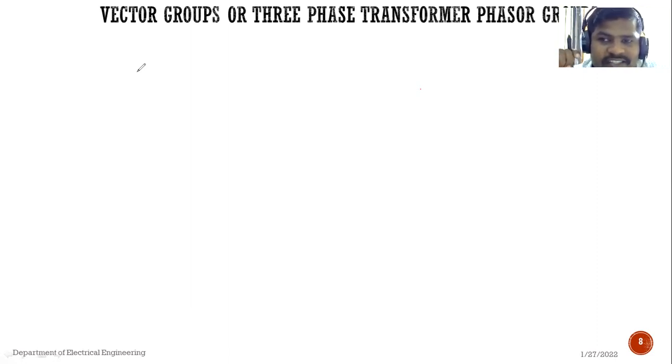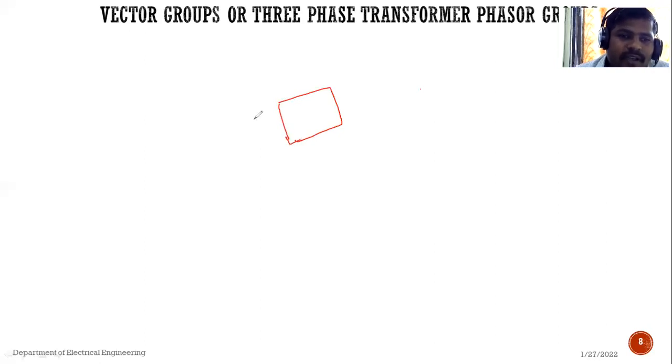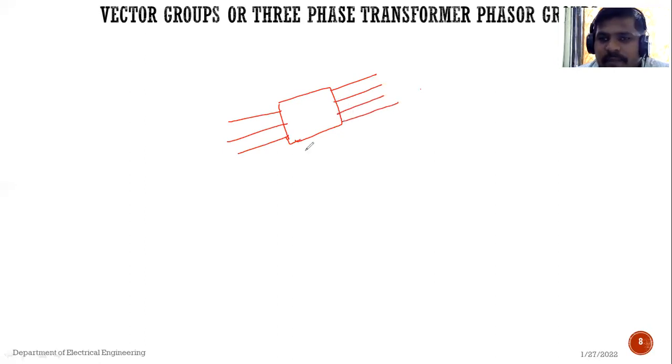The DP in our agriculture field has three phases and four wires. Suppose incoming there are three phases and on the outgoing side there are four conductors. Okay, so the most common distribution system is nothing but the three phase four wire system.